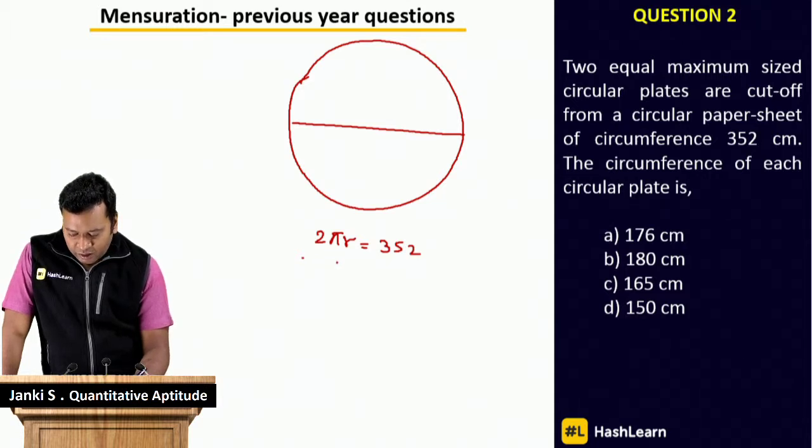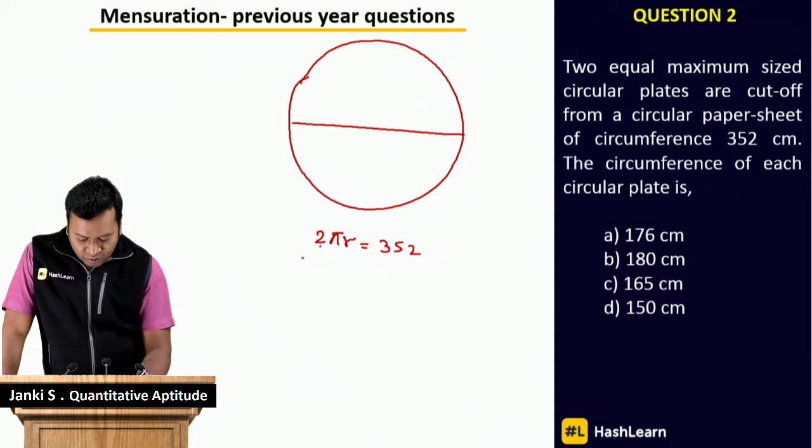So let's find out the radius of the bigger circle. So here the value is 2 into 22/7 into r is equal to 352.